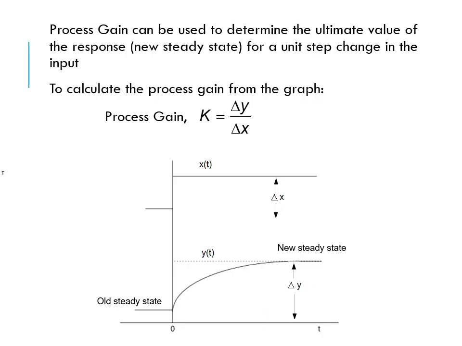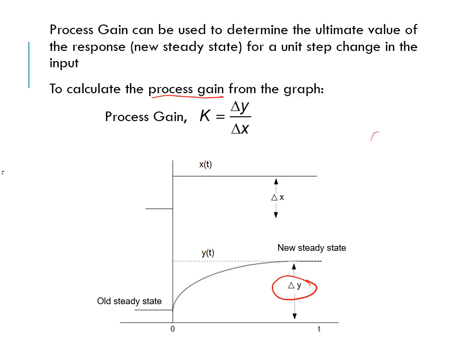Next, we would like to determine the process gain. Just now we have identified the time constant from the process response curve. Now we're going to identify the process gain. Process gain can be used to determine the ultimate value of the response, which is the new steady state for a unit step change in an input. So to calculate process gain, K is equal to delta y over delta x.